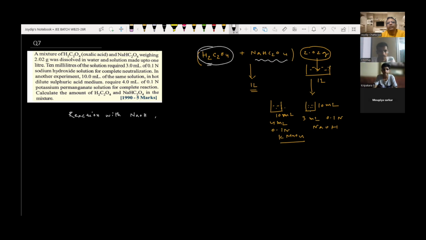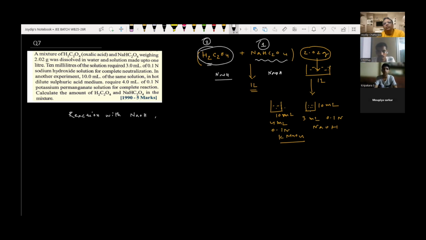For this, if you consider reaction with NaOH, acid-base neutralization, the first one, will it be 2? Yes, definitely. It will be 2 for the first case. We are not balancing, just the N factor. For this, if you consider reaction with NaOH, what will be the N factor? It will be 1. Absolutely correct. Very good.